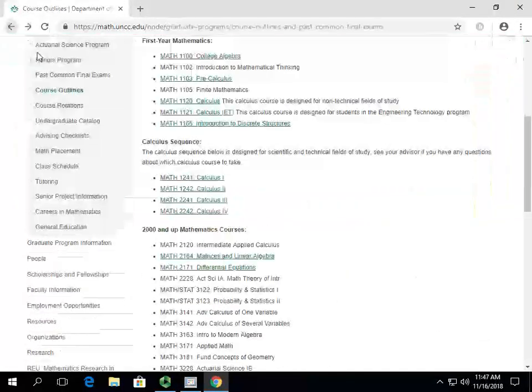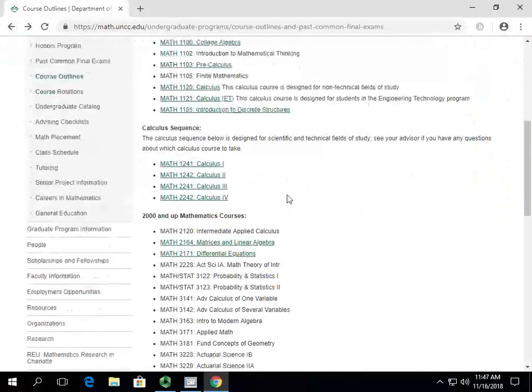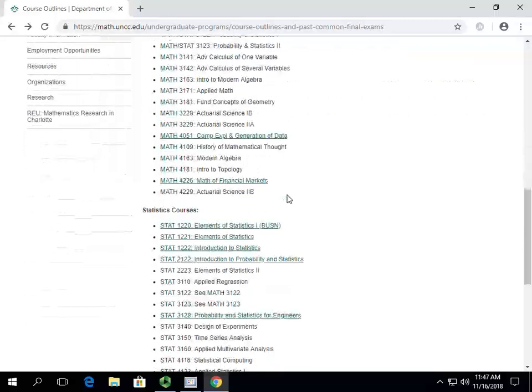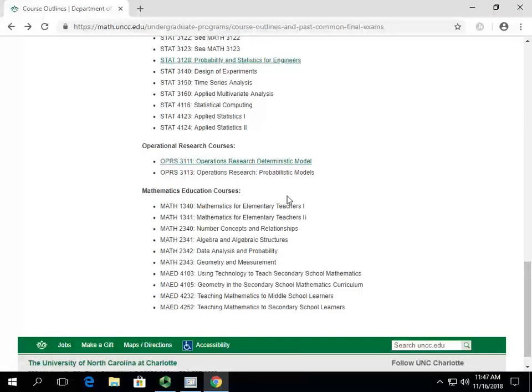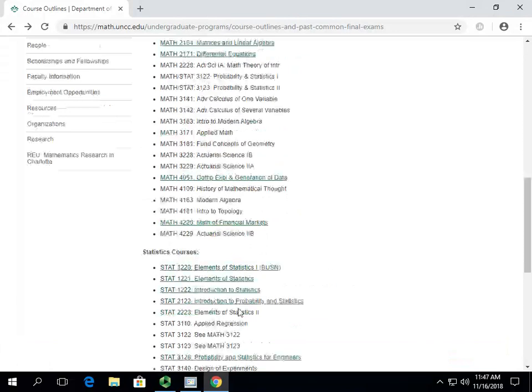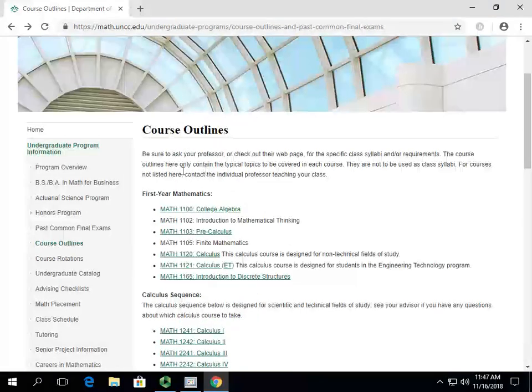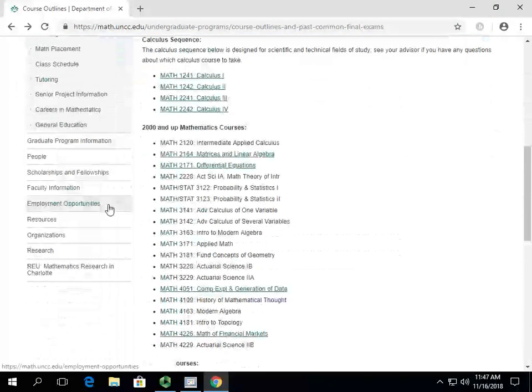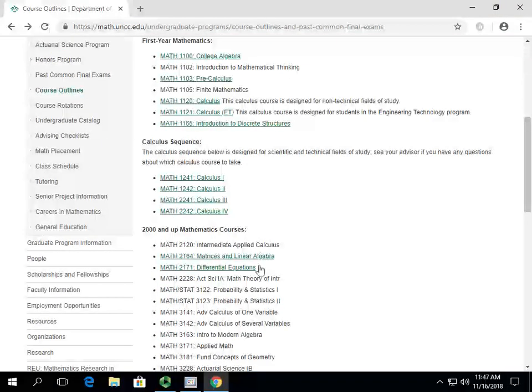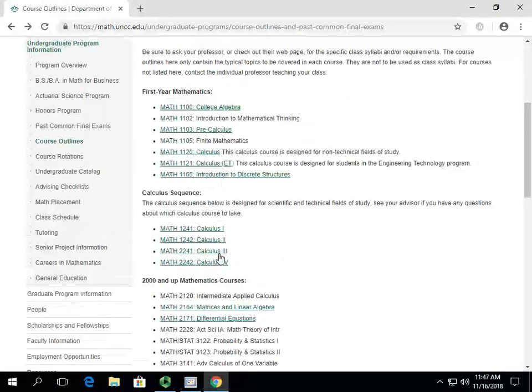It was up here just the other day. I think you can just Google it. We used to have it up here. I've never been able to find it this way. Literally, it was here the other day. This is embarrassing. Okay, Calc 2.